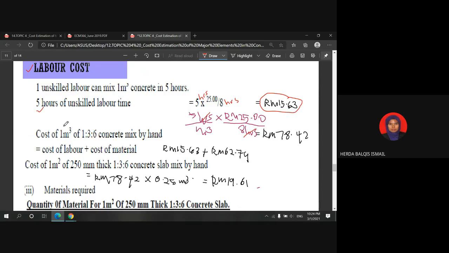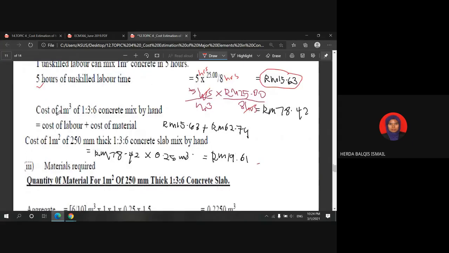Thus, the cost of 1 cubic meter of 1 to 3 to 6 concrete mixed by hand is the combination of labor cost and material cost.